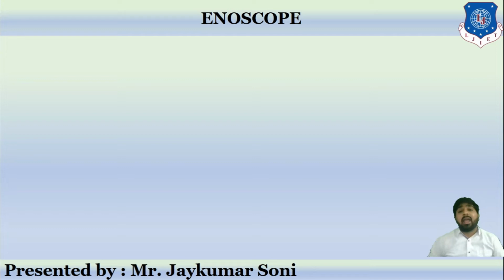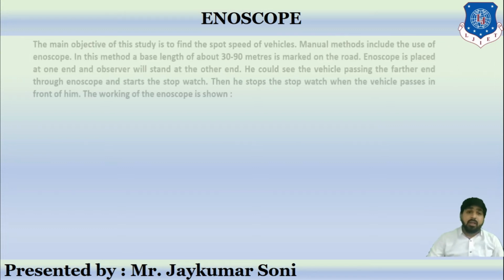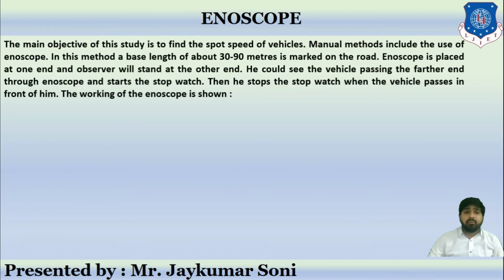First is called the enoscope method. Now, whenever we discuss this method, the main objective, the main motive, stay focused on the words which I underline or highlight. The main objective of this particular study is to know the spot speed, we all know.